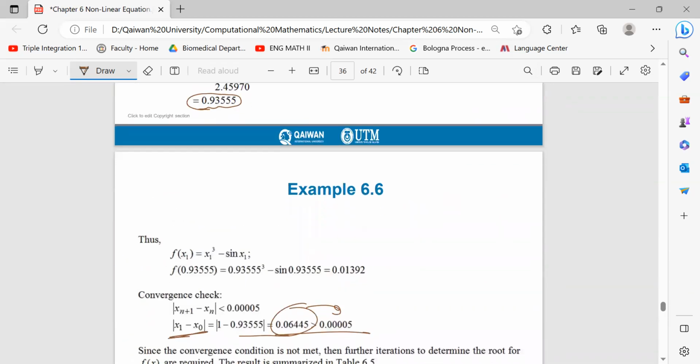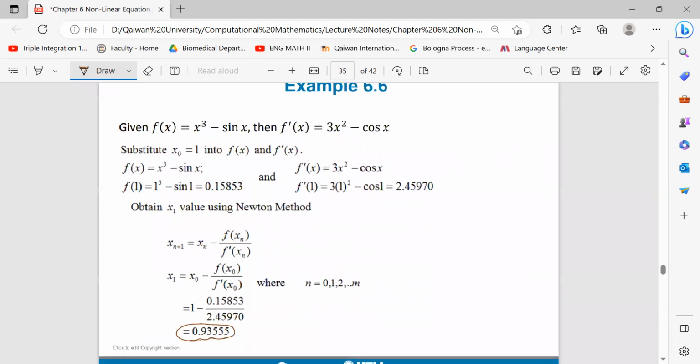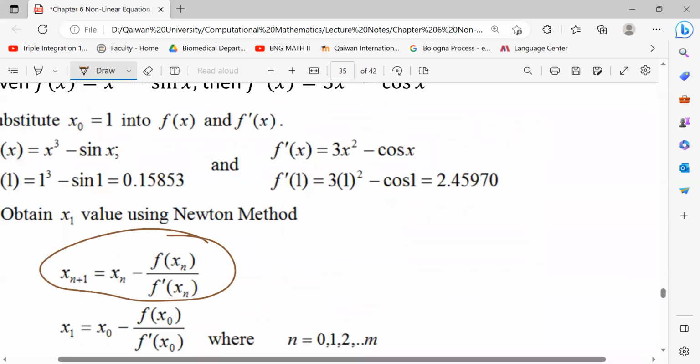So the process is that we use this formula, and you have a point. To find the next point, we plug it into this formula to get the next point. Then we use the point that you found to get the next point, and so on. So we get that the length of 2 successive points is less than the epsilon.